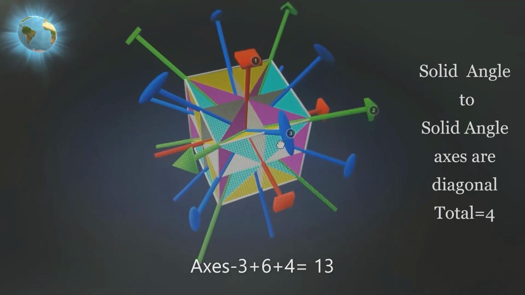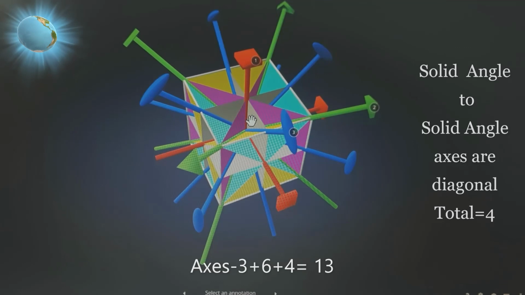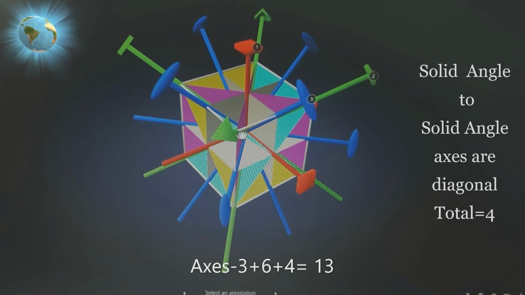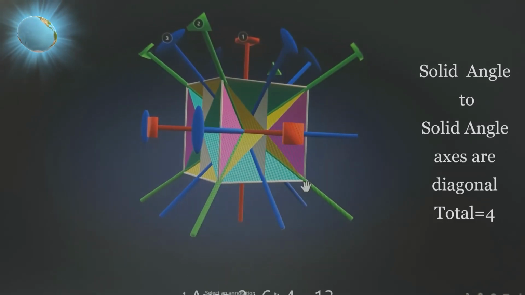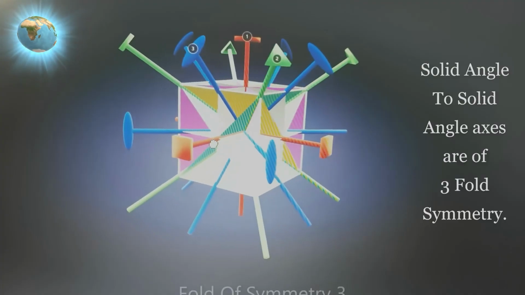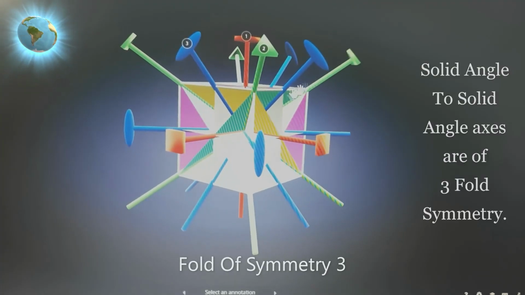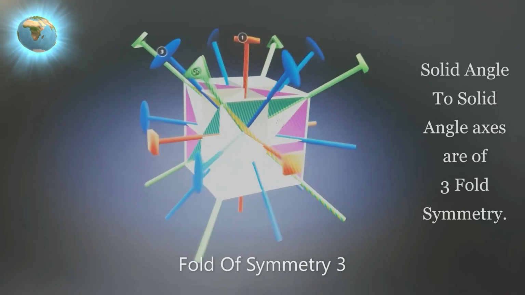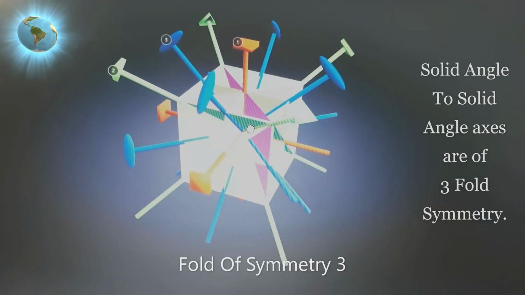So these are 4 diagonal axes which goes from solid angle to diagonally opposite solid angle. This is the axis. You see? This is the axis going from solid angle to diagonally opposite solid angle.